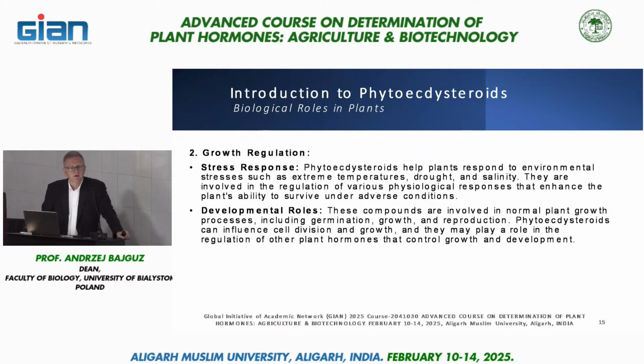During drought stress, phytoecdysteroids may contribute to osmotic balance, helping plants retain water. Under high salinity, they might be involved in regulating ion transport mechanisms, and when exposed to UV radiation, they could act as antioxidants, protecting plant tissues from oxidative damage.